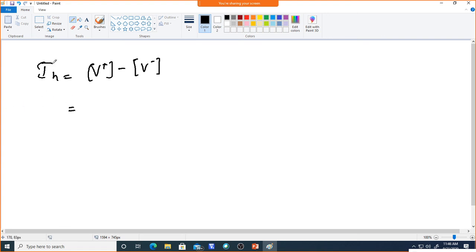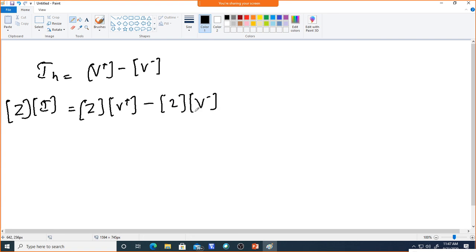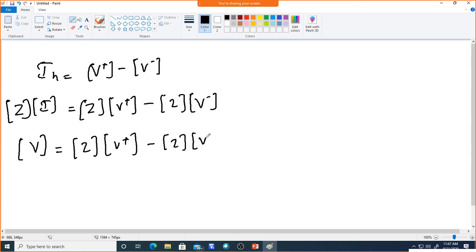Now we can multiply Z on both sides, so Z into I, which gives Z into V plus minus Z into V minus. Then V is equal to Z into V plus minus Z into V minus.